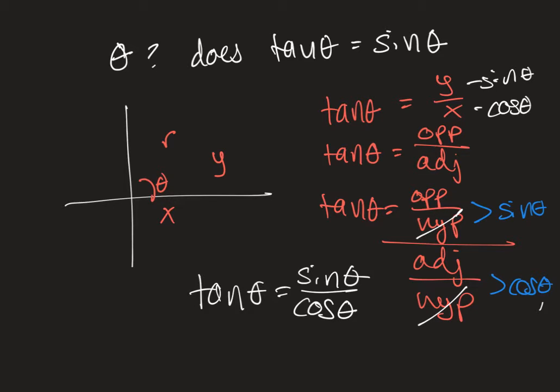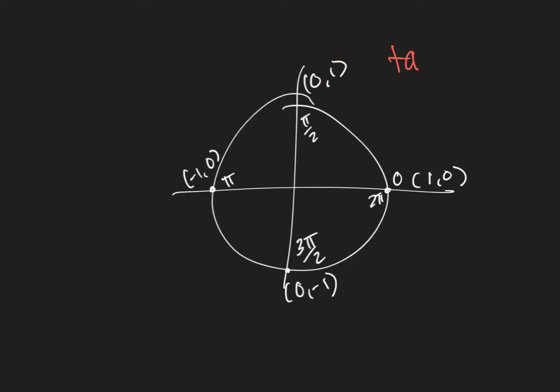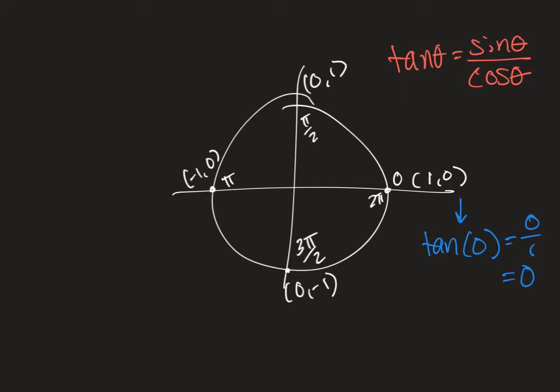The reason this is relevant is that on our unit circle, tangent of theta is sine over cosine, or y over x. So tangent of 0, or 2 pi, same thing, is going to be 0 over 1, or 0.